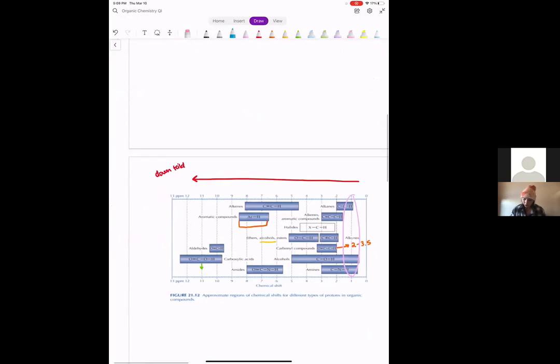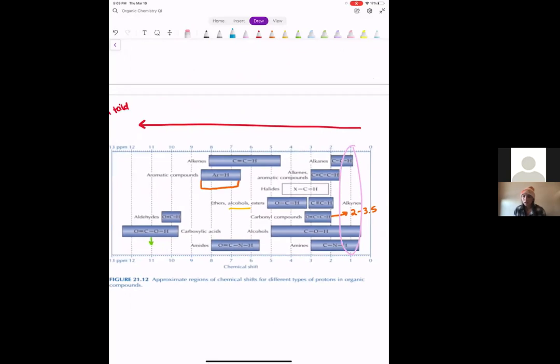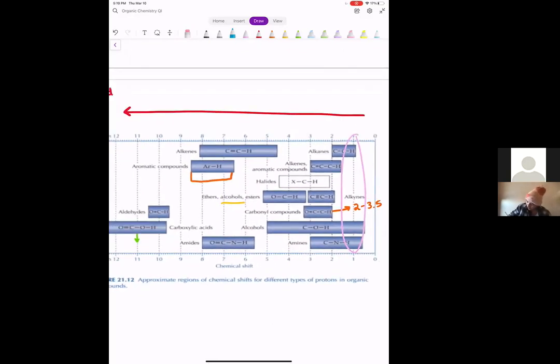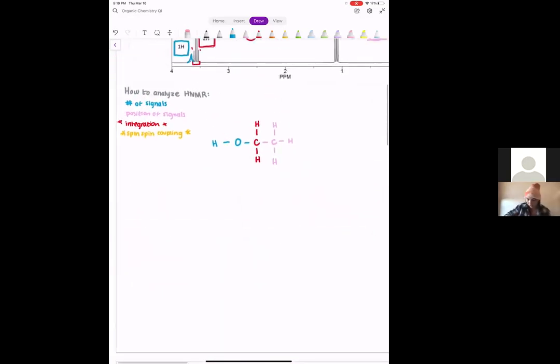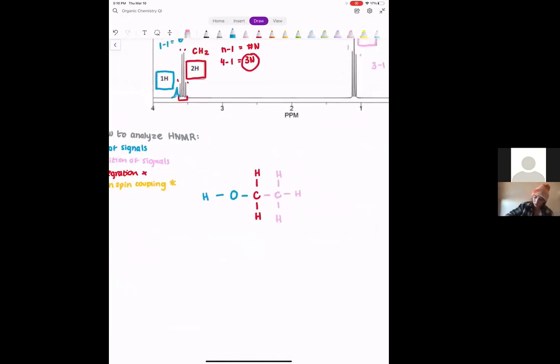We can go back to our chart again and make it make sense, because between 3 and 5 will be the alcohols. They move around a lot, which would make sense as it's kind of smushed in here. So we know that that is most likely an alcohol proton.